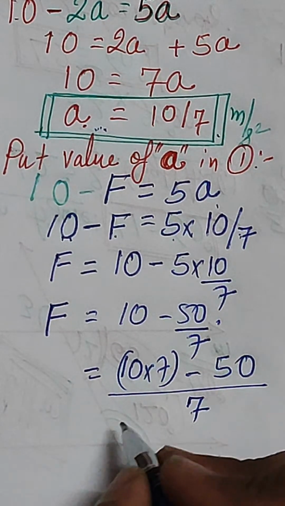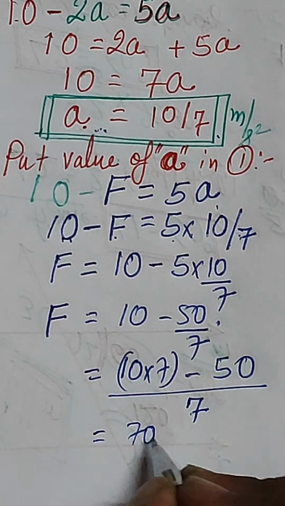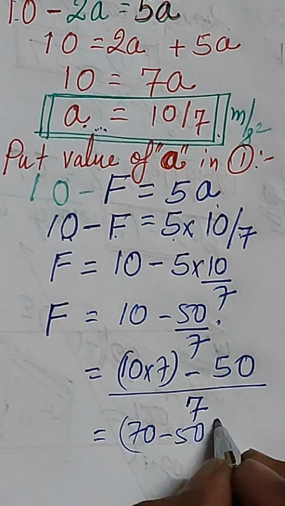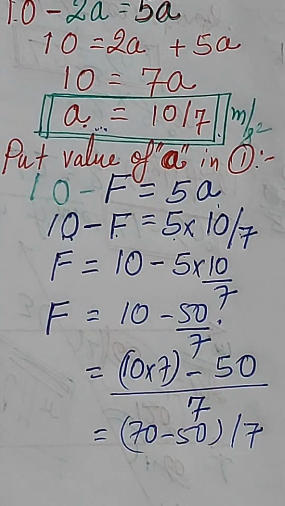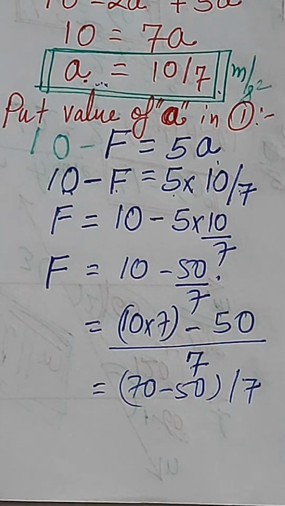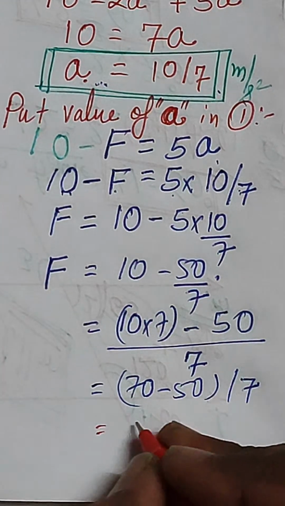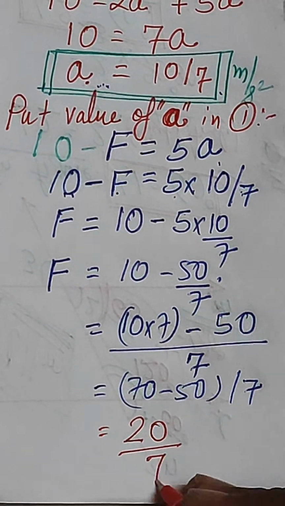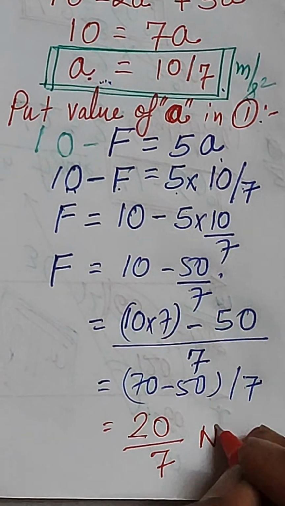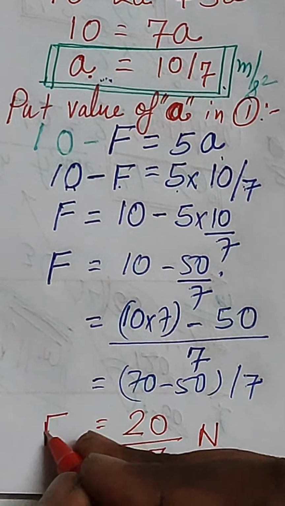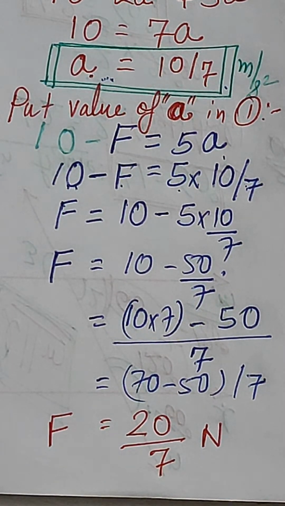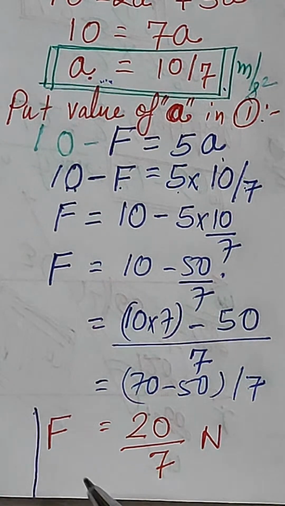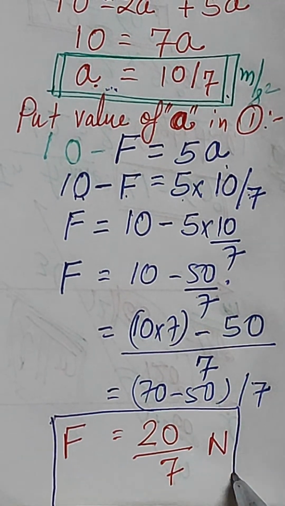So this will give you 70 minus 50 by 7, which will give you 20 by 7 Newton, which is the value of F, and this is the contact force between the two masses.